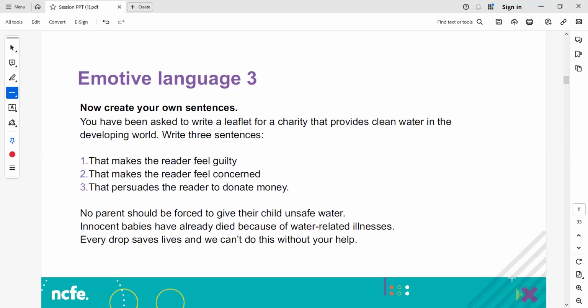So if you ever see an advert for a charity, either a printed one or on the television, you will notice this emotive language that is used to try and get that response of people donating.